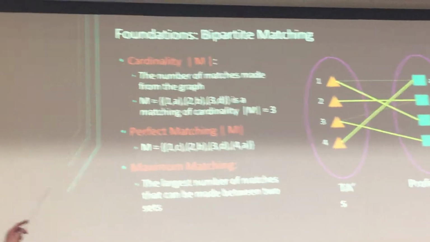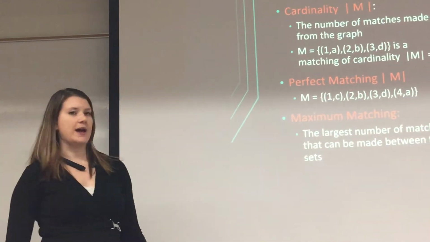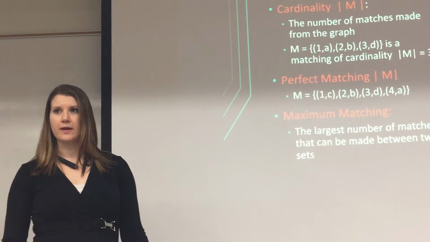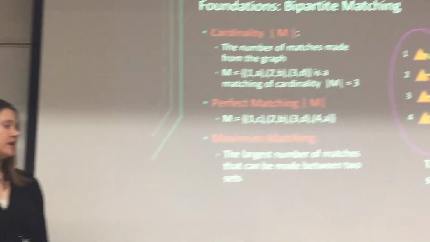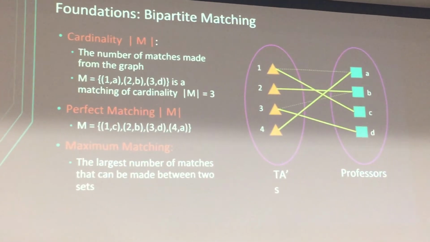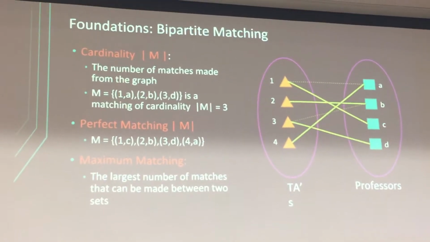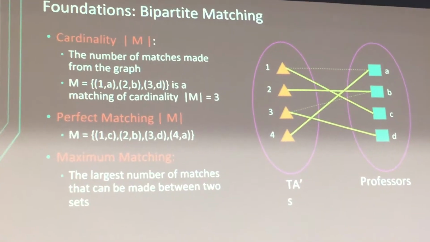A perfect match would obviously be where we have every TA matched with every professor, and that is also the maximum matching. The maximum is the largest number that you could possibly make.